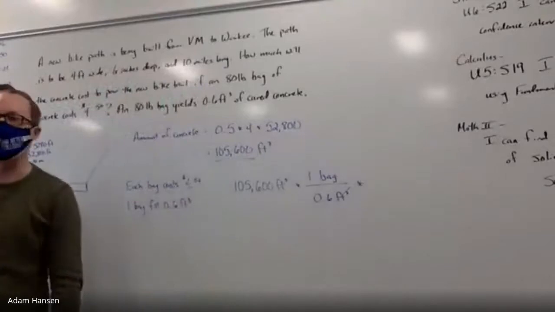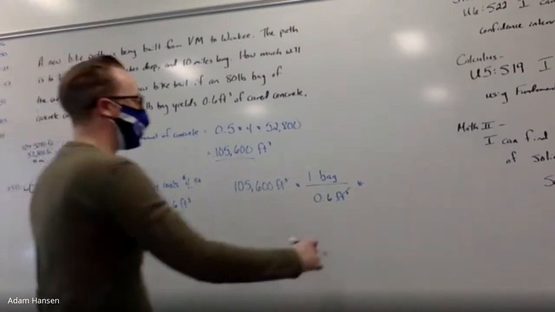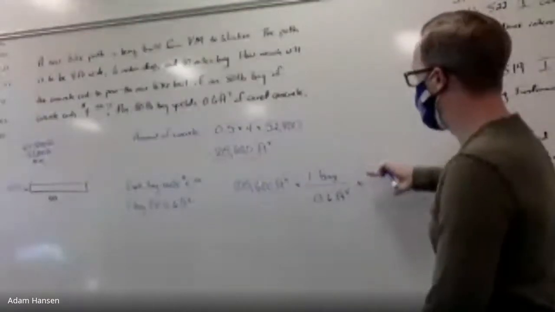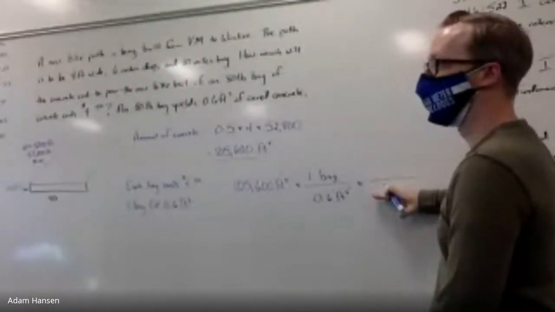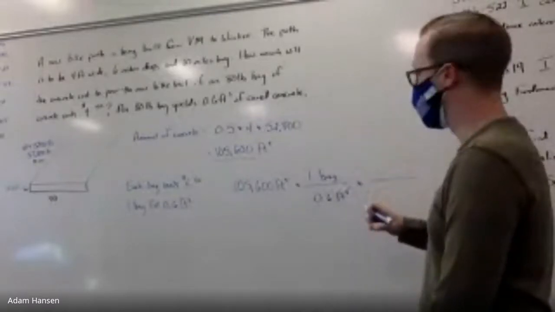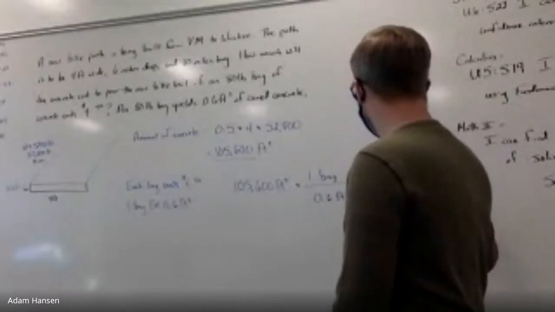I want to convert this to a price. How much does every bag cost? Okay, so let's make another conversion factor here. Where's the price going to be, on top or bottom? I want to convert the number of bags to the price, so I'm going to cancel out bags. 1 bag costs how much?